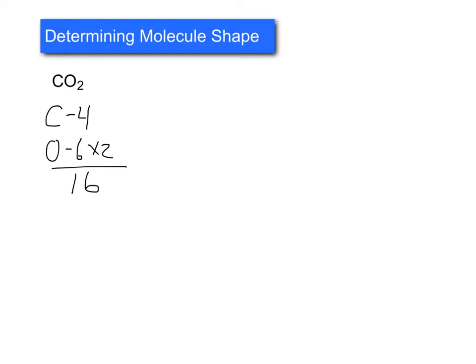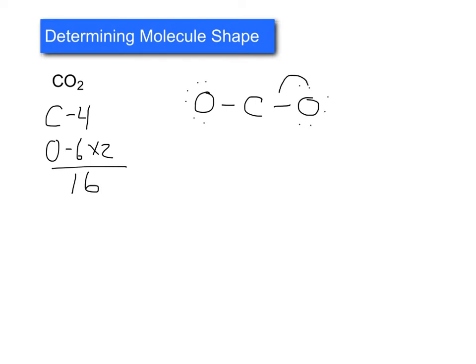Okay, so carbon is going to go in the middle because it's less electronegative than oxygen. All right, and we're going to start with a bond to each oxygen. So that's 4. Now we're going to do 5, 6, 7, 8, 9, 10, 11, 12, 13, 14, 15, 16. All right, so we've used up all of our valence electrons, and all of our oxygens have 8, but our carbon only has 4, 2 from each bond.